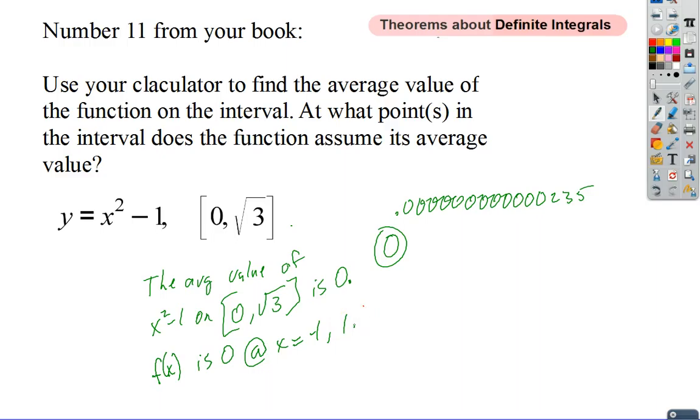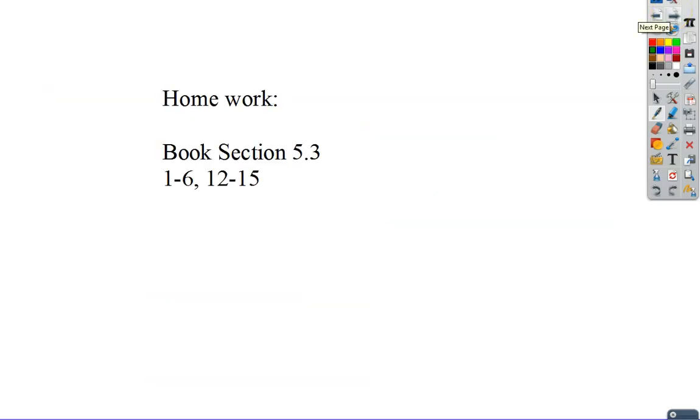That's what you're going to have to be doing on the other problems that you'll have like that. And for your final answer, there's your book section, 5.3, 1 to 6, and 12 through 15. Hope everything worked out for you. We'll talk with you guys later, and good luck.